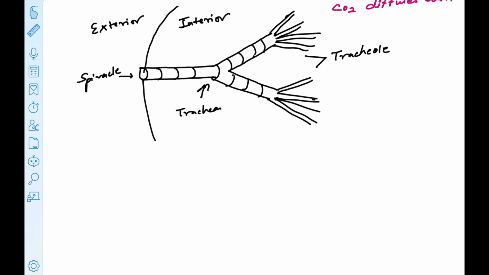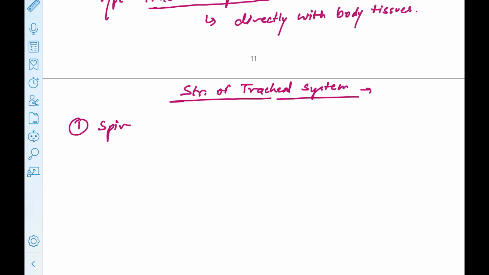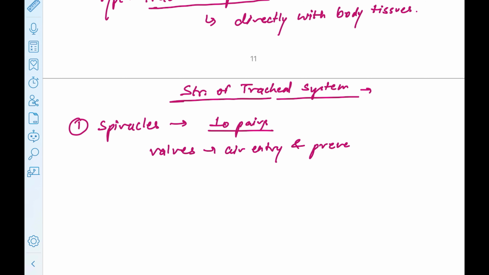Okay, first, the tracheal system contains spiracles that are small external openings present on the body surface, and usually there are 10 pairs of spiracles in insects that can open and close with valves to regulate air entry and prevent water loss.